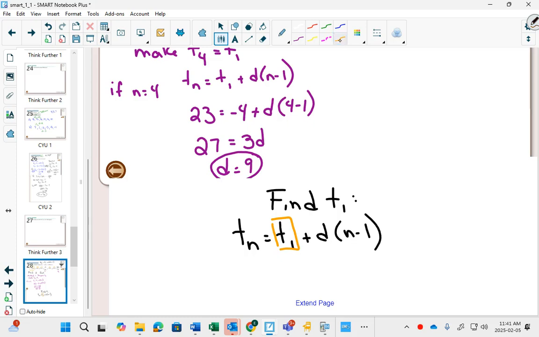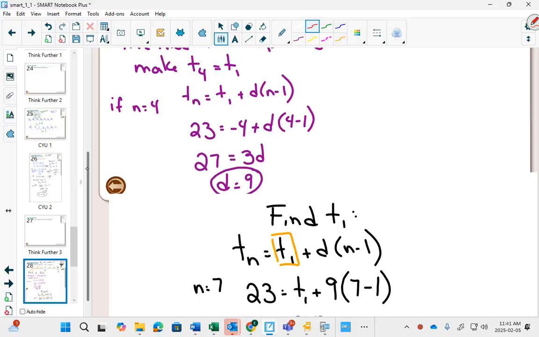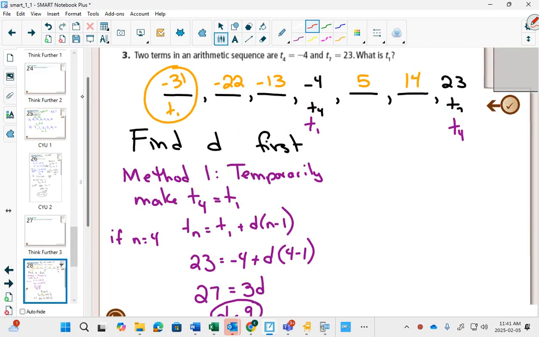So again, you could use either 4 or 7. Let's say I use 7 this time. What is the actual term 7? The actual term 7 was 23. I don't know term 1. I know that D is 9, and if I'm using term 7, then the n would be 7 minus 1. You see how I replaced T7 with the actual T7, which was 23.